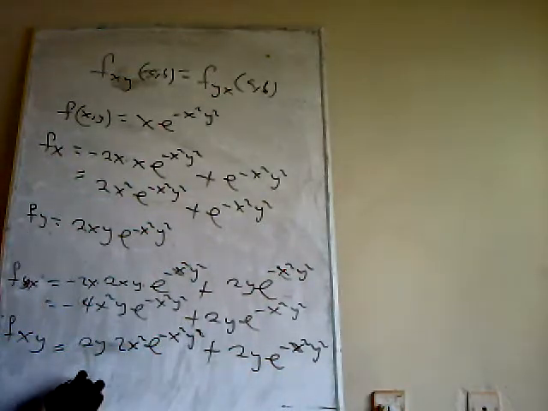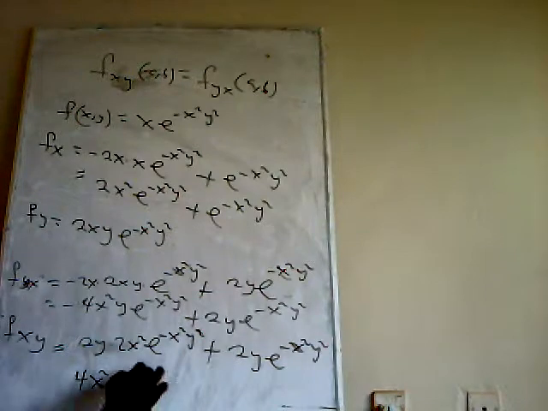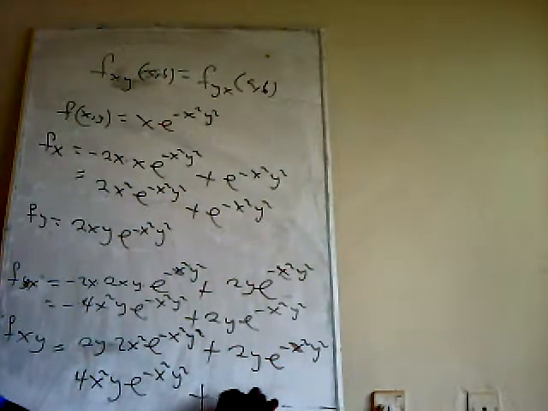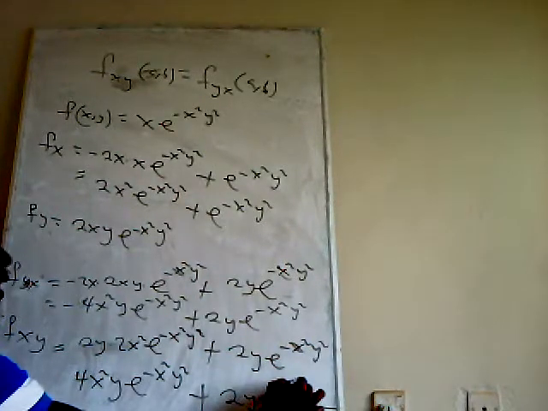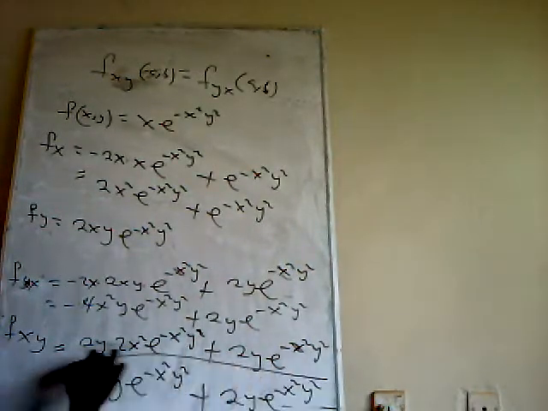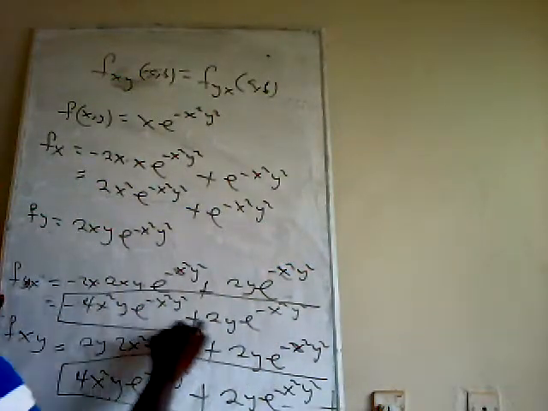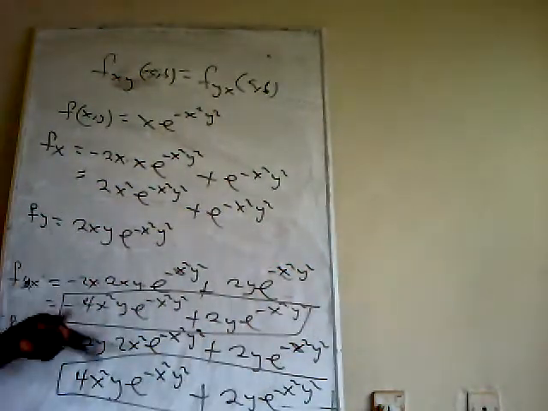If I simplify, I'm going to get 4x squared y e to the minus x squared y squared plus 2y e to the minus x squared y squared. So clearly you can see that this one here is equal to the other one.